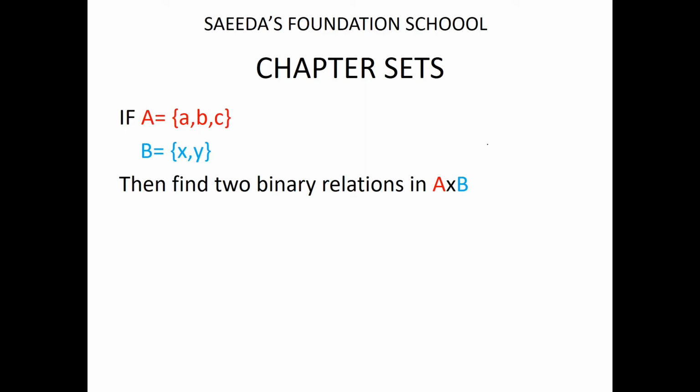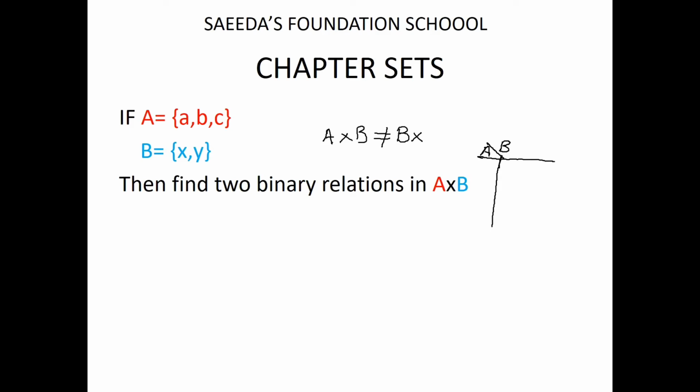Making the same diagram for finding out A cross B, we'll write down the elements of set A first on this side and B on the other side. One thing to remember, A cross B is not equal to B cross A.